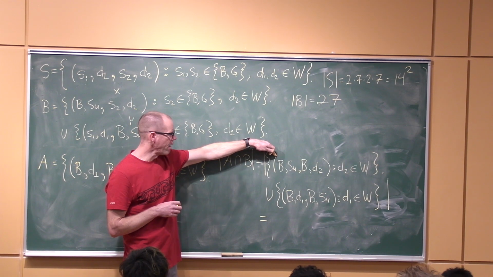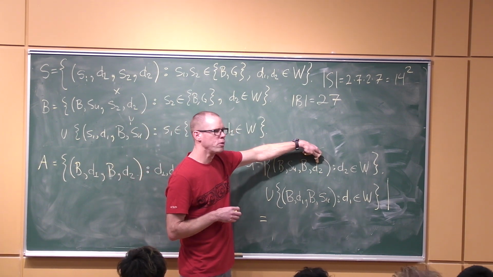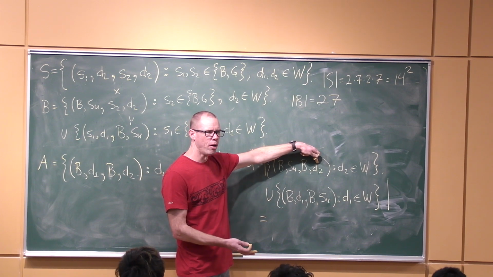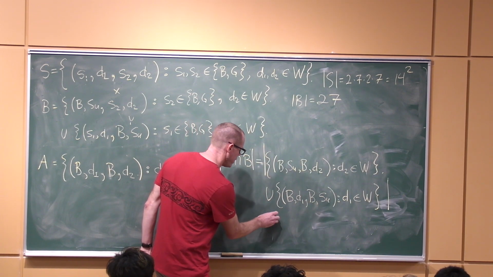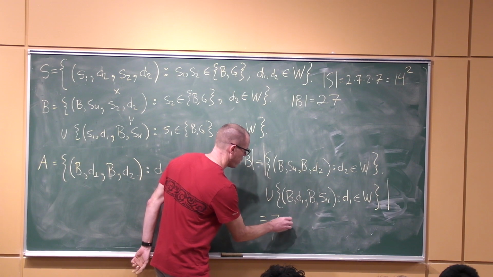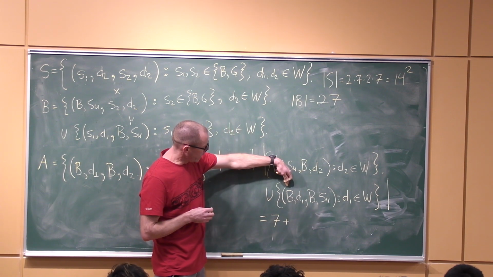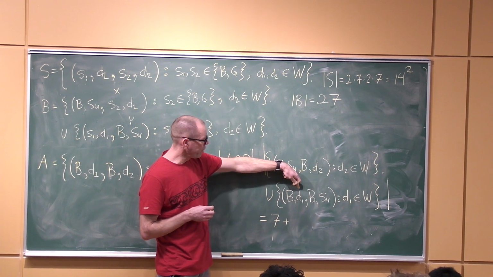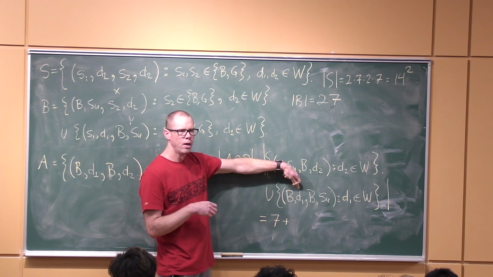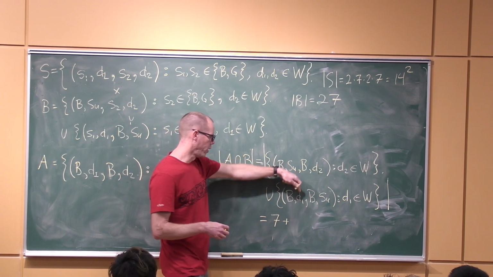Yep, 7, right? The only thing left to choose is which day of the week the second boy was born on. So that's 7. And the size of this set is also 7, because the only thing left to choose here is which day of the week the first boy was born on.